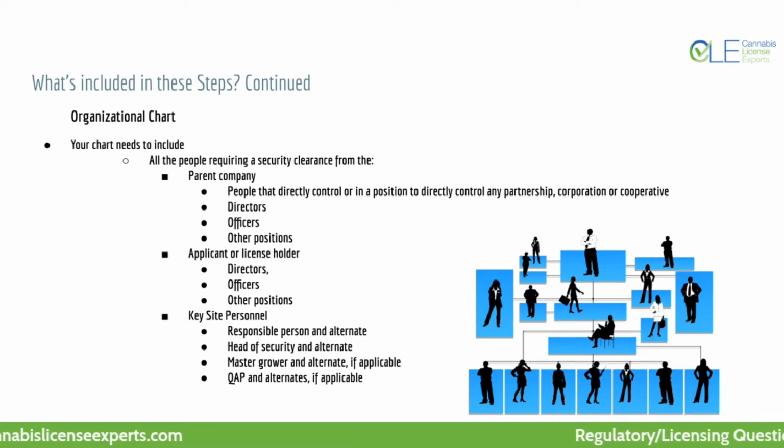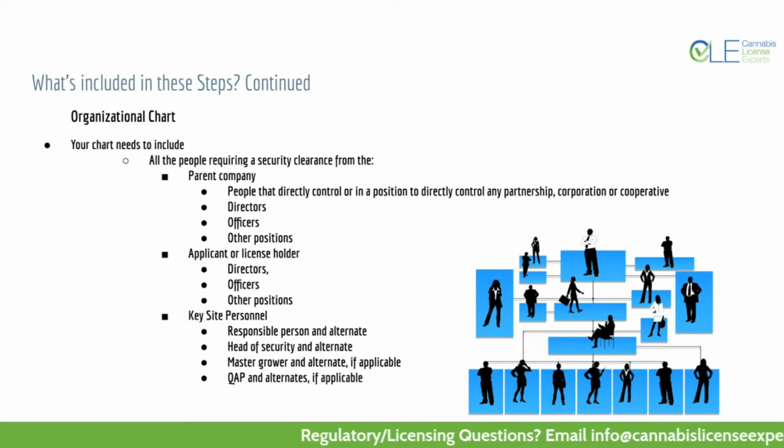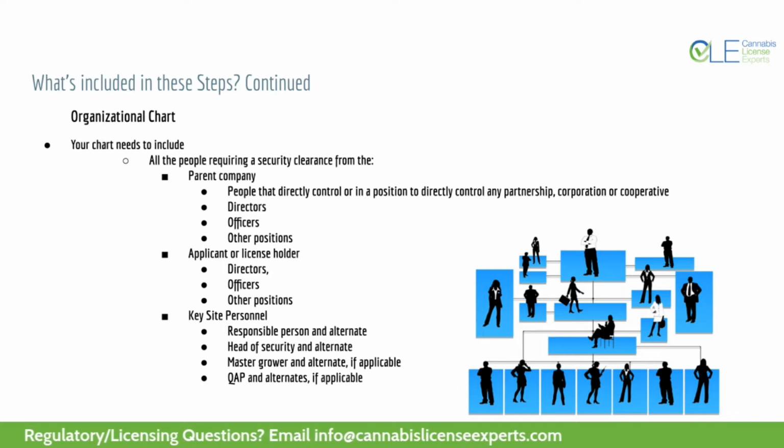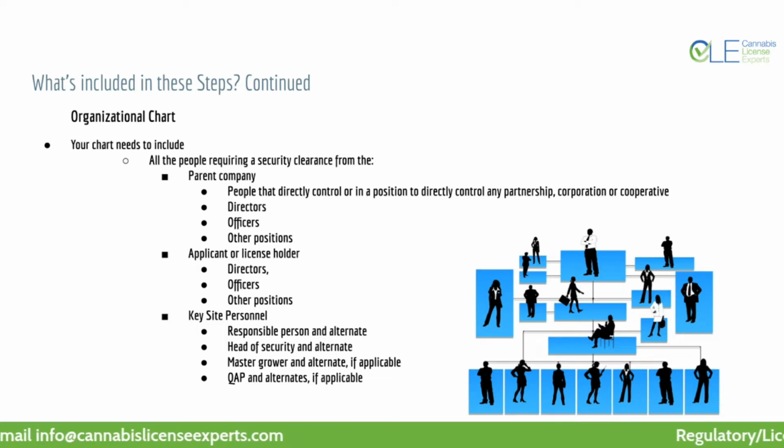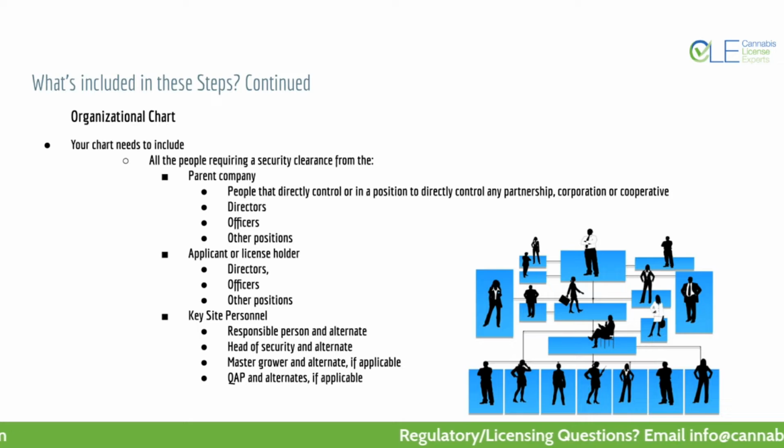Next, we have your applicant or license holder, again listing out directors, officers, and other key positions. And then our key site personnel. Who are these people? Our responsible person in charge and an alternate if one has been identified. A head of security, and of course, an alternate if you've identified one.